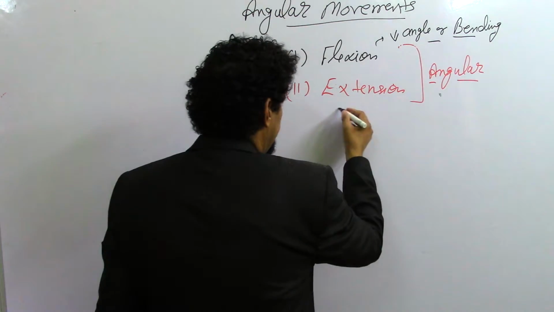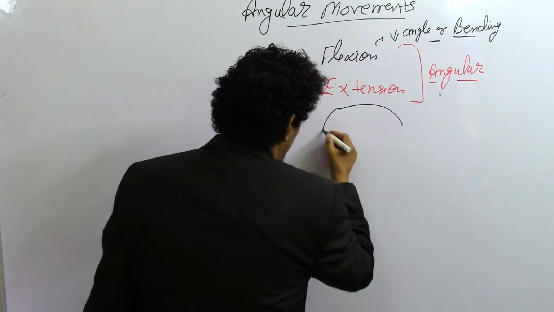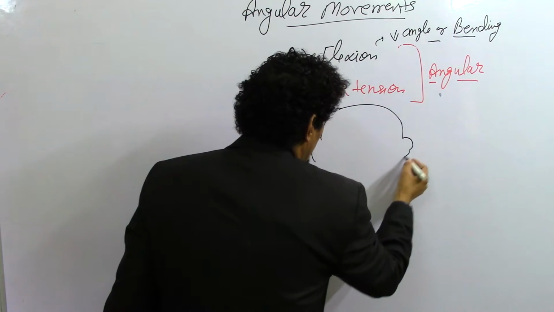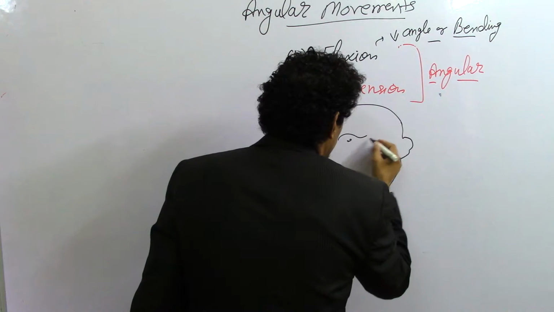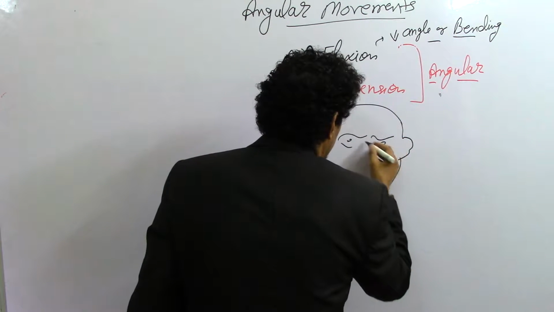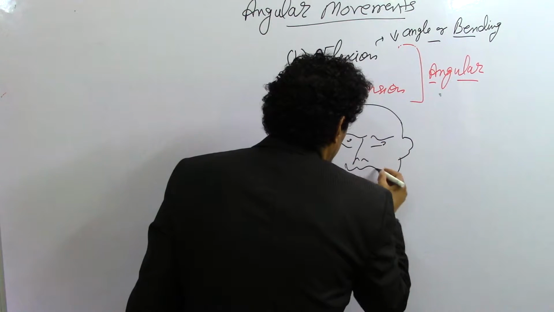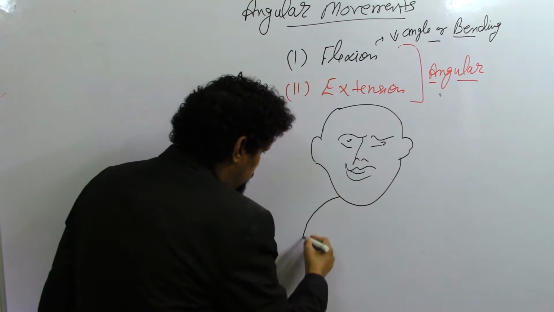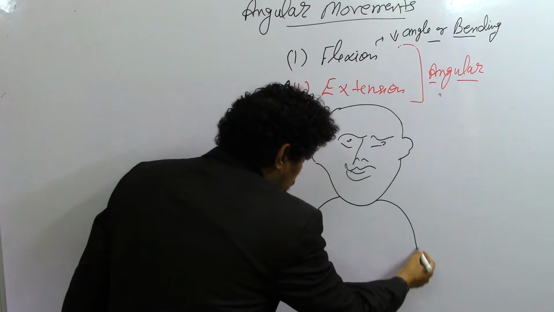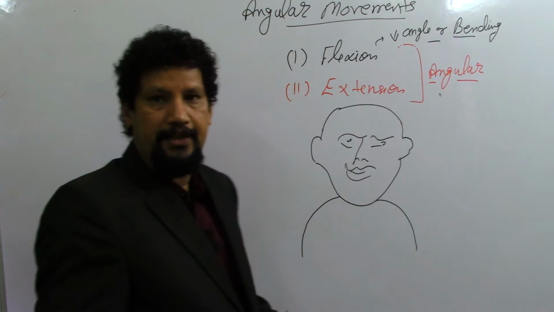Here is the human body, and it has the upper limbs.